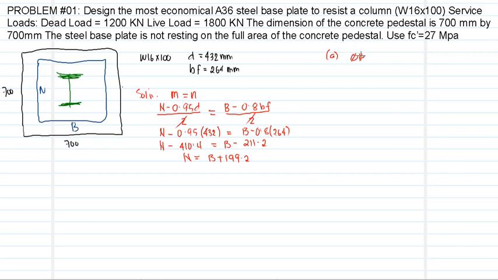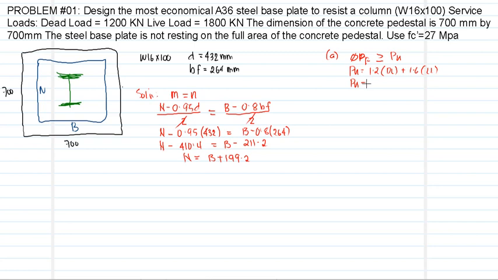So, our design strength should be greater than or equal to our ultimate load. So, we have here the service load. So, our Pu is equal to 1.2 dead load plus 1.6 live load. Okay?